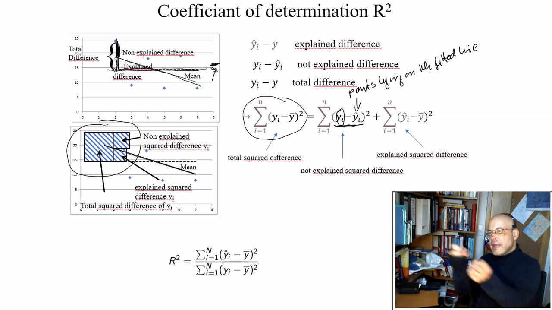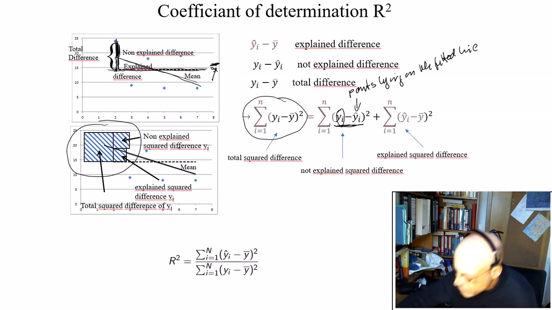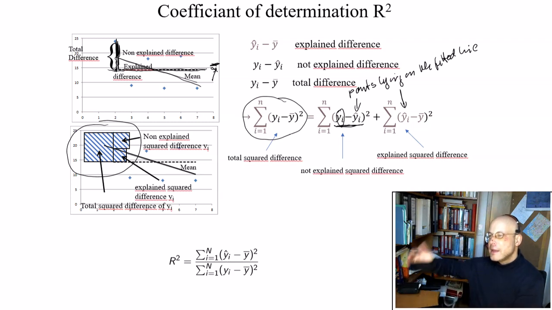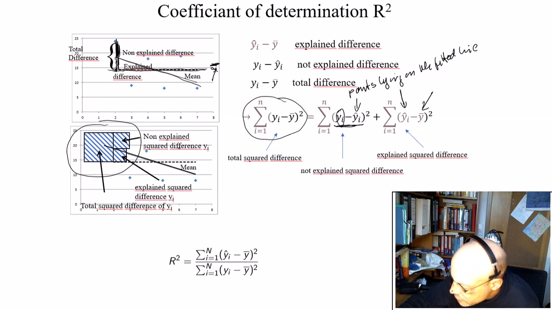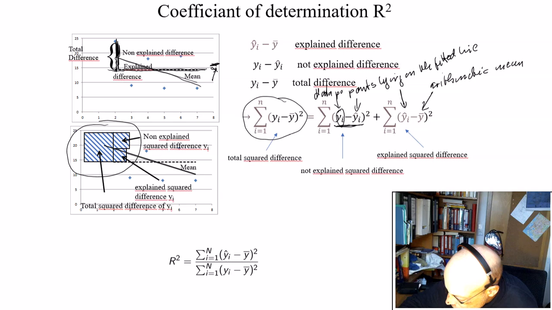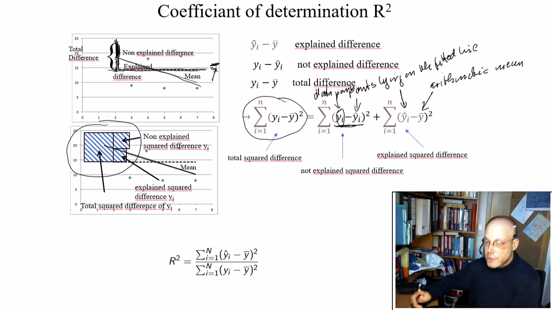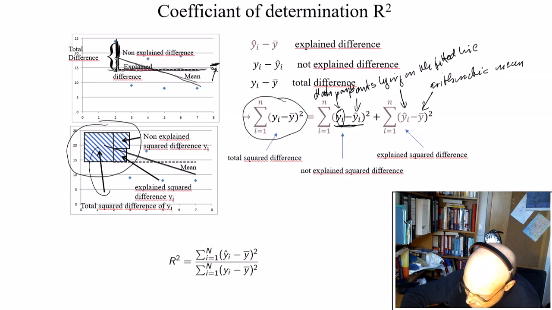Then we take the next step and say we are calculating the squared distances of the points of the fitted line, now with respect to the arithmetic mean. And this is, of course, our data point. So for one point, this is the total squared distance.